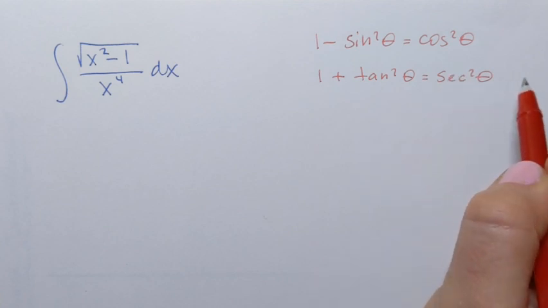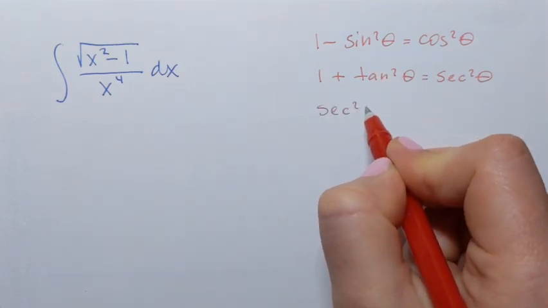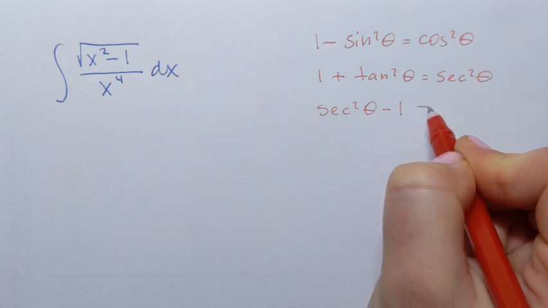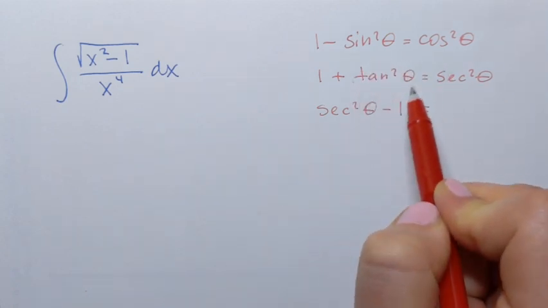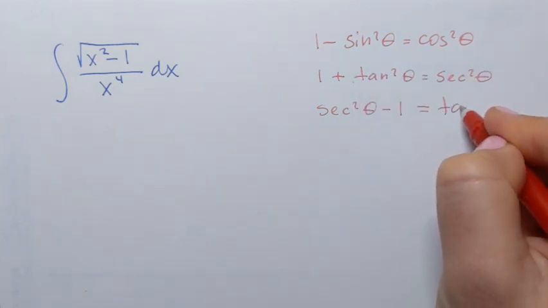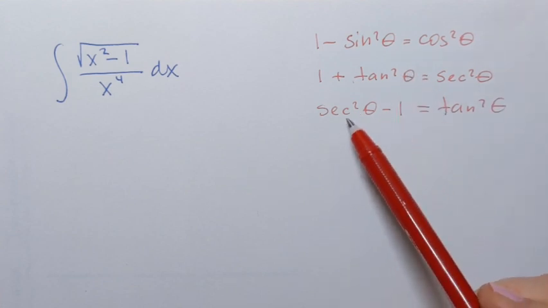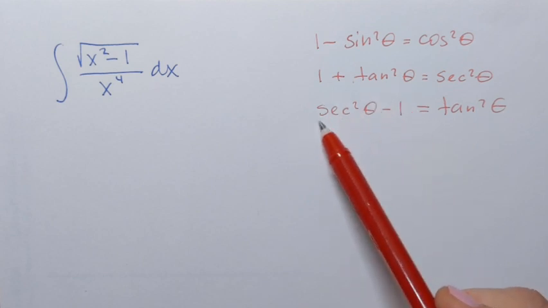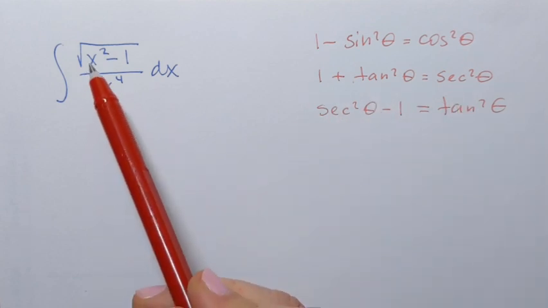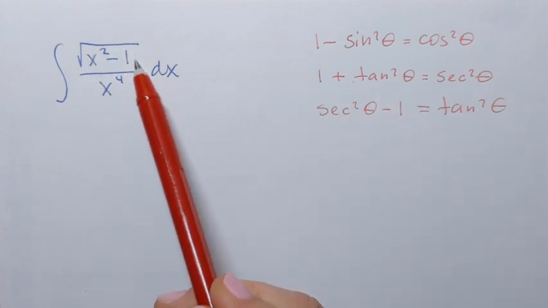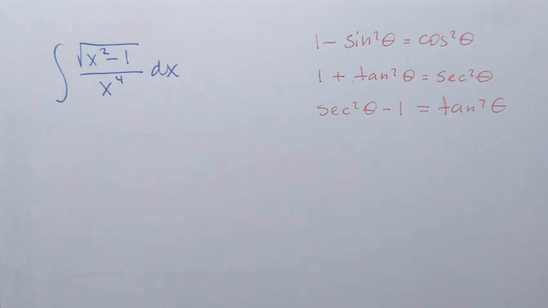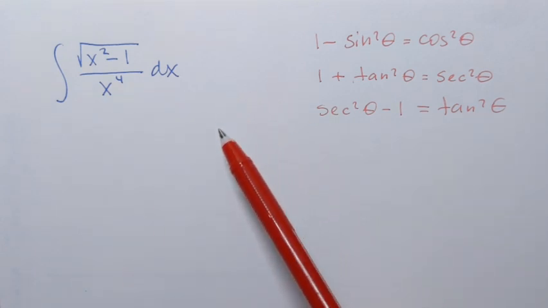So secant squared of theta minus 1 equals, and then it's going to be tangent squared that's left on the other side, tangent squared of theta. Okay, so that's the one. Now, as soon as I wrote it, I can see that the left-hand side of this identity resembles the expression that's inside the square root. Why do we want to make this connection?